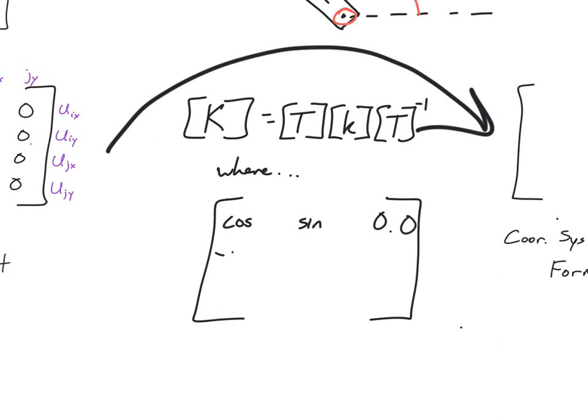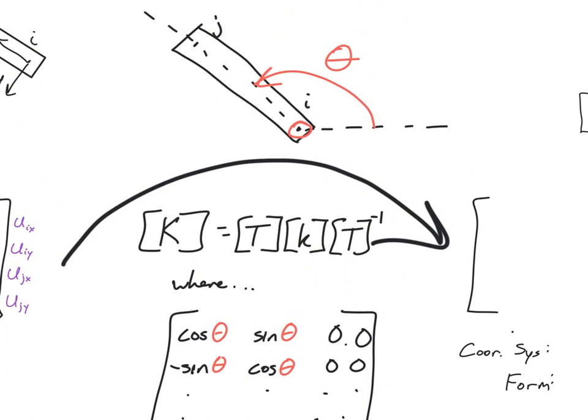And then we're going to have minus sine, cosine, 0, 0. And the rest of it you just have to see with the other presentation. You get the idea of what's going on here. I didn't put the thetas in here because I wanted to highlight those in their own color, because those thetas come from up above. So hopefully, color-wise, you can track where things are coming from. Those come from that theta definition, the angle to the member there.